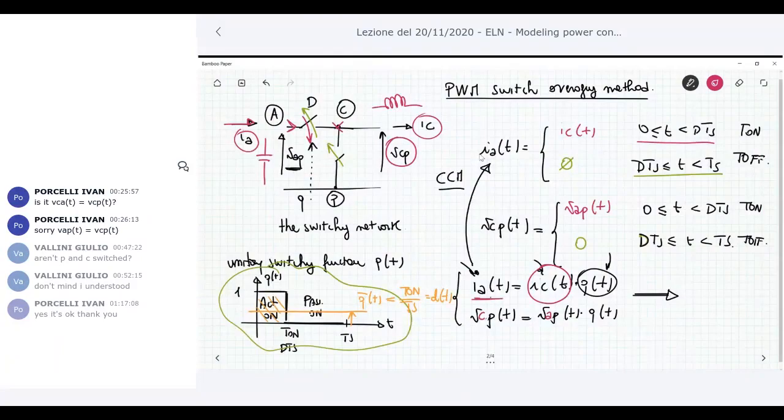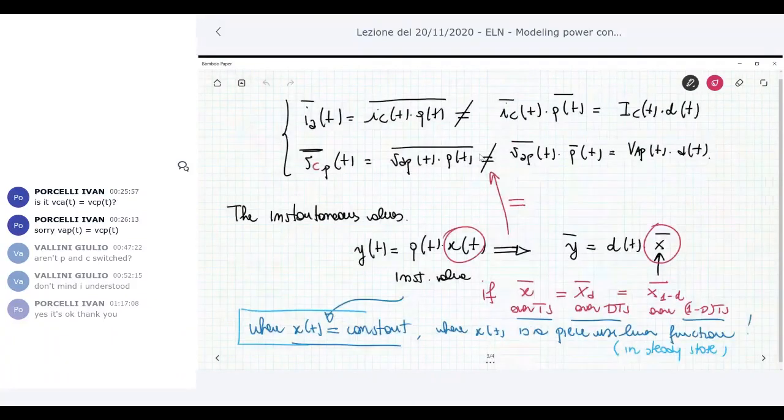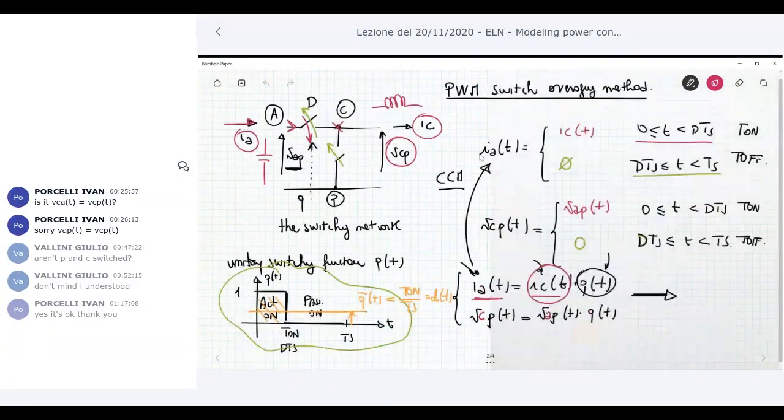So IA and IC are separated in frequency. They are not correlated, okay? And so this kind of situation in the dynamic situation leads to the fact that you can have this sign here that these operations can be done. The same happens for the voltages, okay?